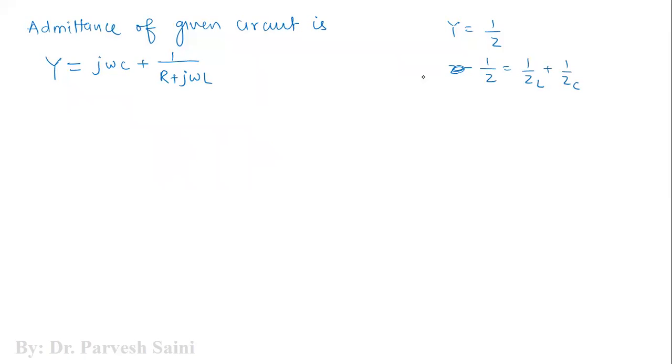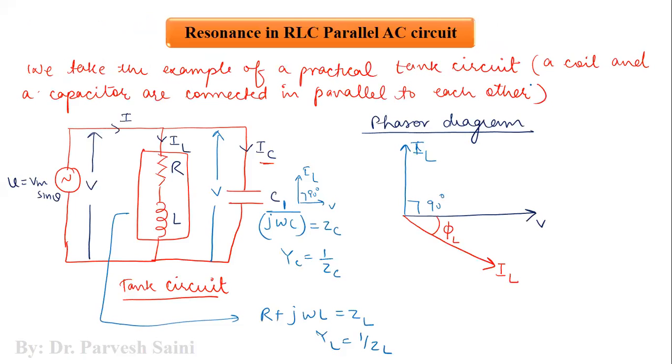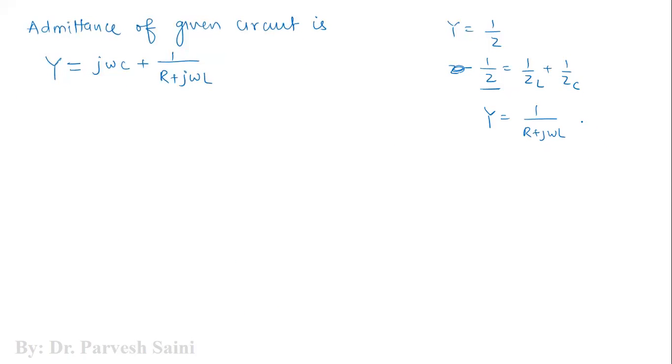By putting the equations here, we get this one. 1 upon Z is nothing but Y, and 1 upon ZL is 1 upon R plus j omega L, right? And 1 upon ZC is equal to 1 upon 1 by j omega C, so this will go up. So we have this equation here.